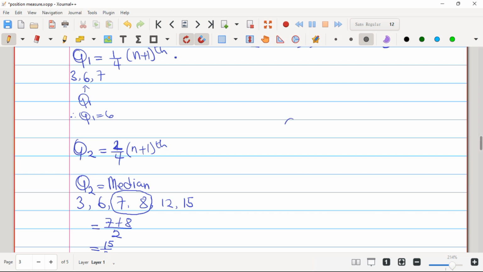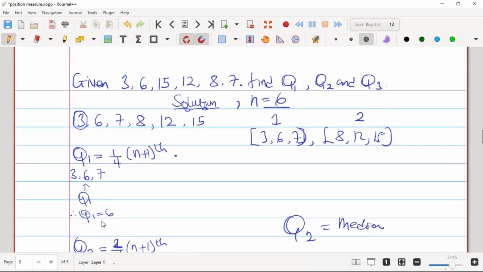That's Q2. Q2 is equal to what? The median. Like you are finding the midpoint, right? For Q2, you come and choose the 2 middle numbers, and then find the midpoint of that. Sorry, this one is not even arranged in order.